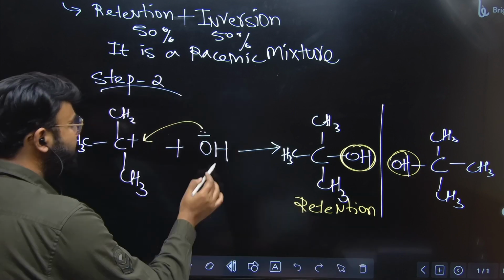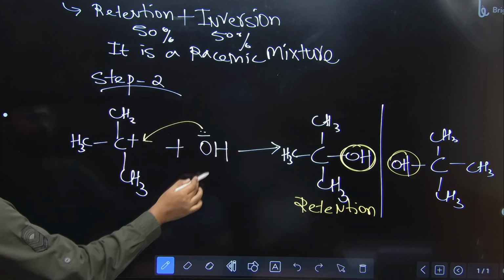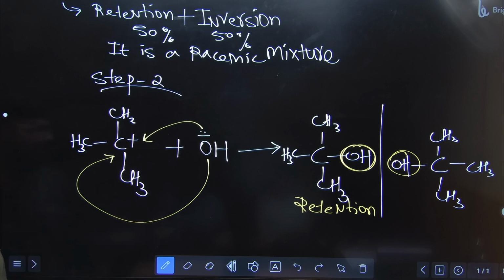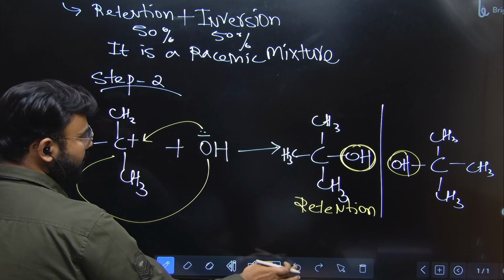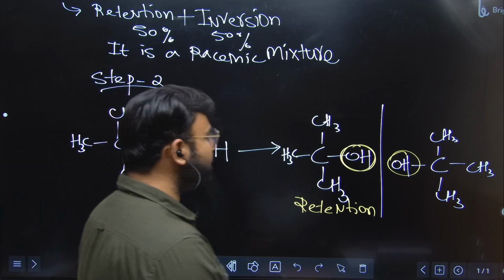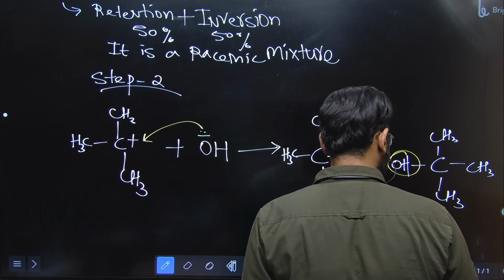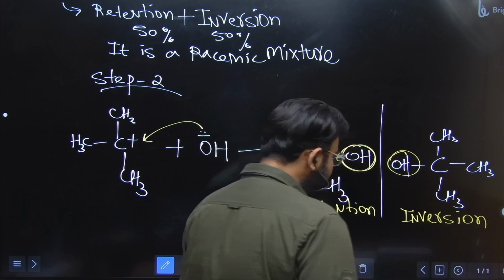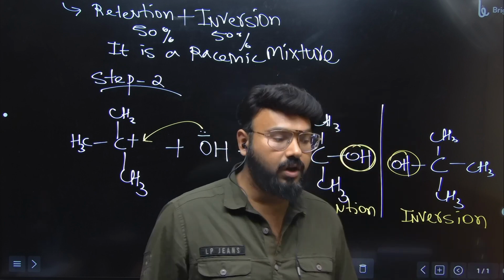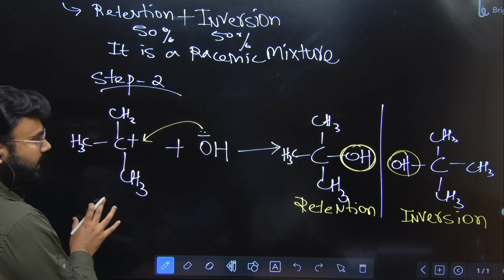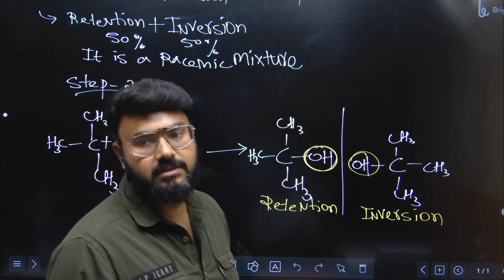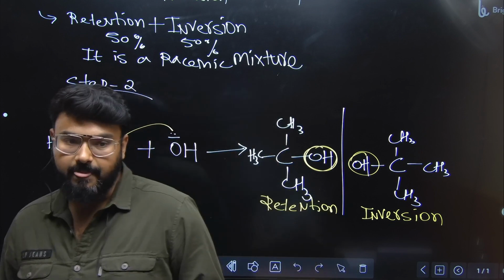The attack happened from the reverse. Front and rear, right? So remember that forms inversion. And when both are in the equal amount, what do we call it? Racemic mixture. The phenomenon is called racemization. Okay. All right now.